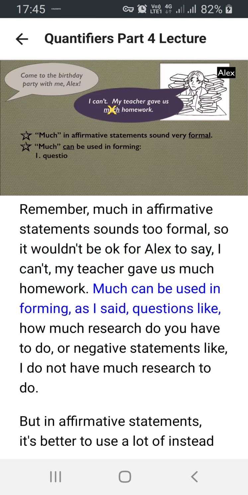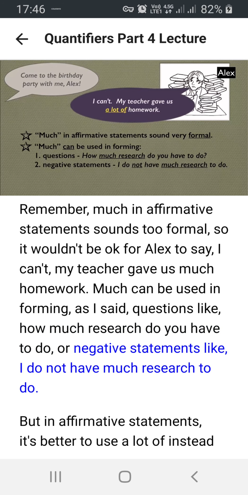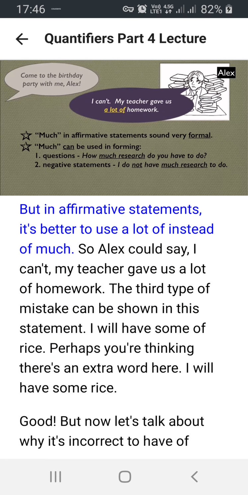Much can be used in forming, as I said, questions like, how much research do you have to do? Or negative statements like, I do not have much research to do. But in affirmative statements, it's better to use a lot of instead of much. So Alex could say, I can't. My teacher gave us a lot of homework.